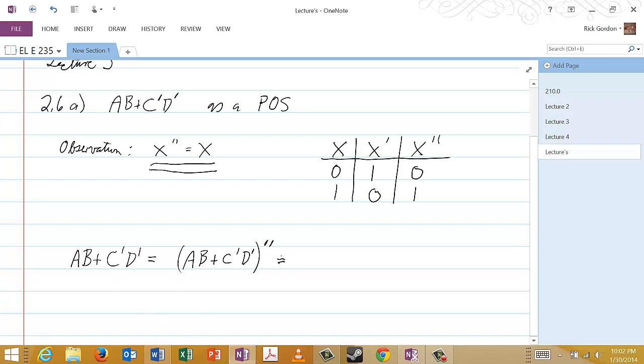Now, in order to simplify that expression, we're going to do the following. We'll write this as AB or C prime D prime complement.